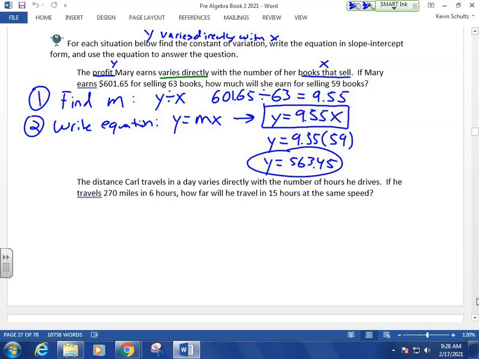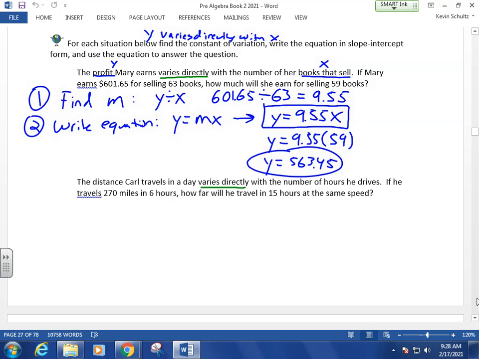Questions on that? I'm going to have you do the next one yourself. So if you've got a question, ask now or wait till I come around and ask me then. Okay, the third one says, the distance Carl travels in a day varies directly. There's that important phrase. The distance Carl travels in a day varies directly with the number of hours he drives.